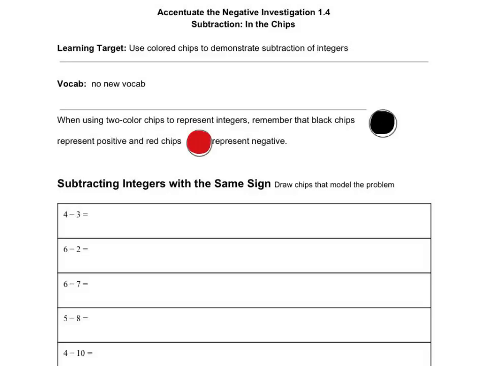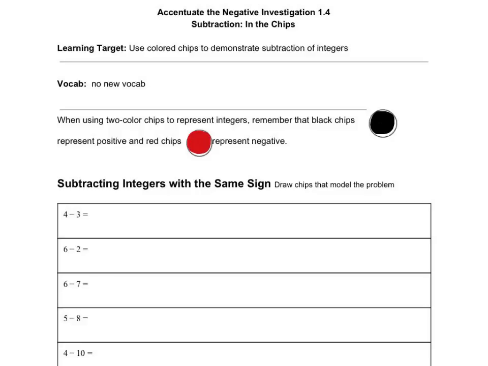This is video number 2 for Investigation 1.4, where we will continue using the colored chip model in order to demonstrate subtraction of integers. I'm going to continue with black chips representing positive and red chips representing negative.